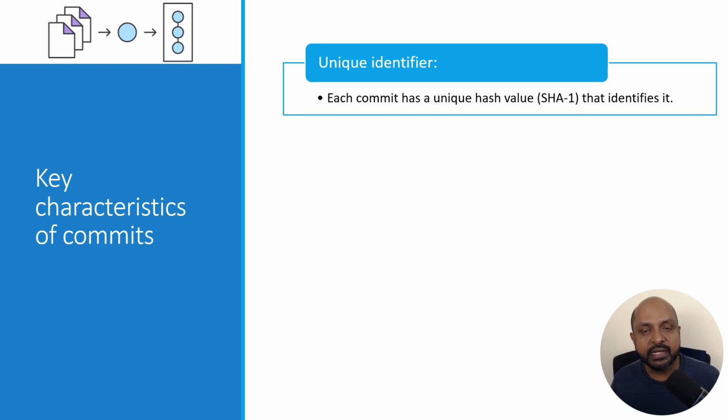This 40-character hexadecimal code acts as a fingerprint for that commit, distinguishing this particular commit from all other commits in the whole repository. This identifier is crucial for referencing specific commits from within commands and tracking the lineage of changes throughout the whole project's history.